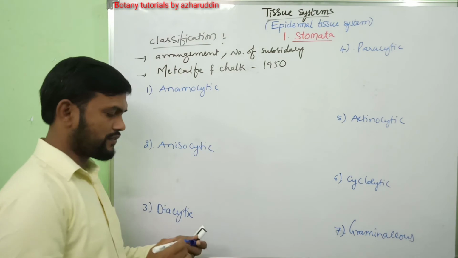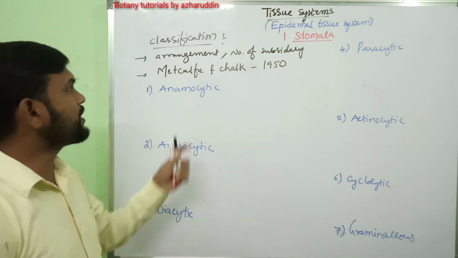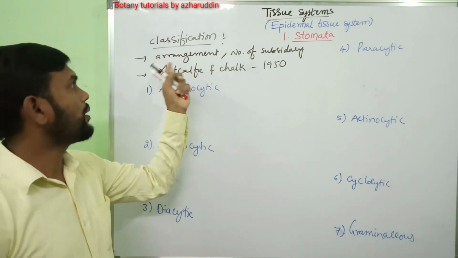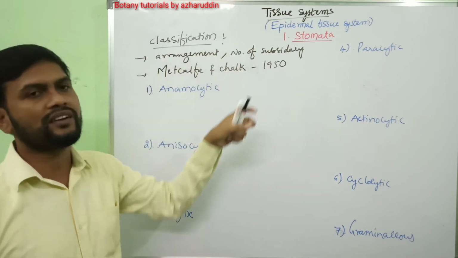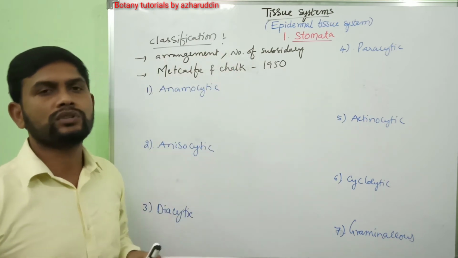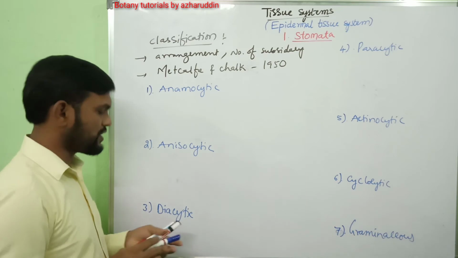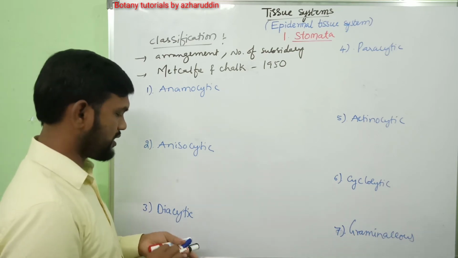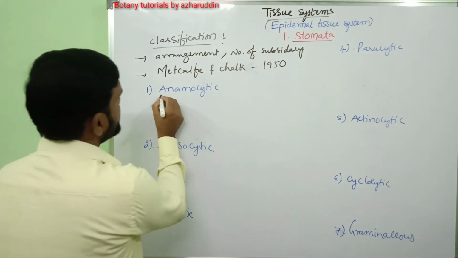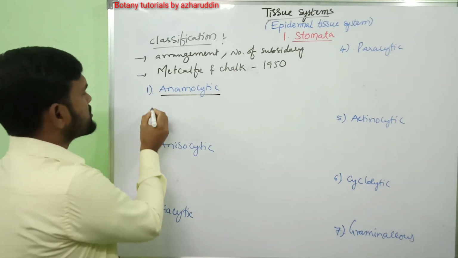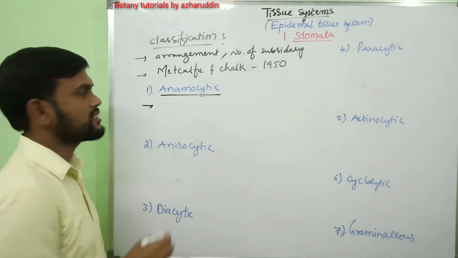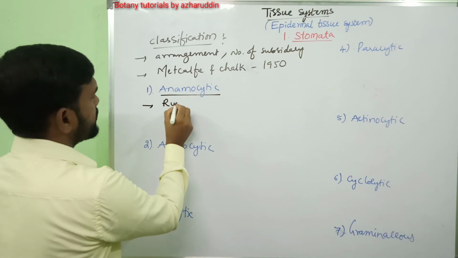These seven types of stomata are classified by Metcalfe and Chalk based on the arrangement and number of subsidiary cells present around the guard cells. Coming to the first one, anomocytic stomata. These anomocytic stomata are also called ranunculaceous type.